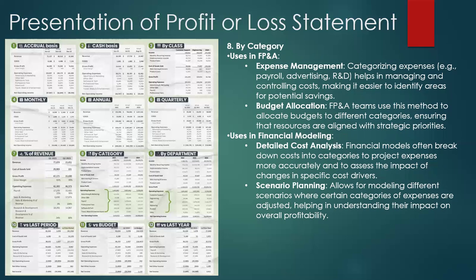If we look at the uses in financial planning and analysis, first of all, we understand expense management, categorizing expenses such as payroll, advertising, research and development. It helps in managing and controlling the cost. It makes it easier to identify areas for potential savings.